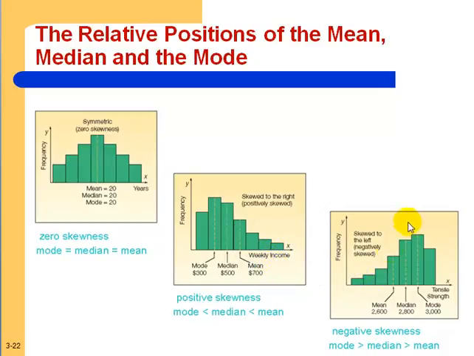We call the other shape negatively skewed. For negative skewness, the mode is greater than the median, and the median is greater than the mean. That's the relative relationship among these three measurements.